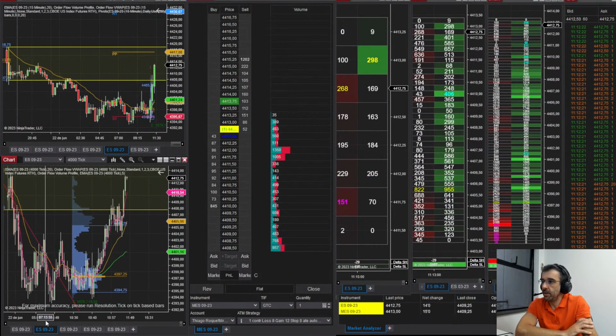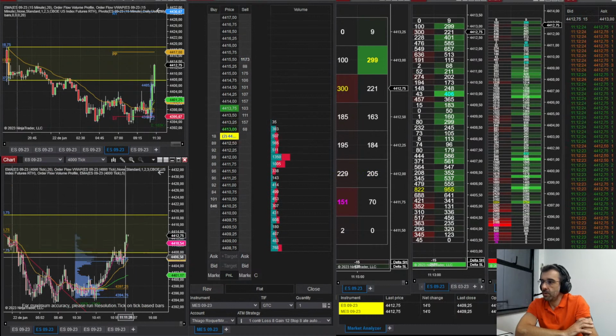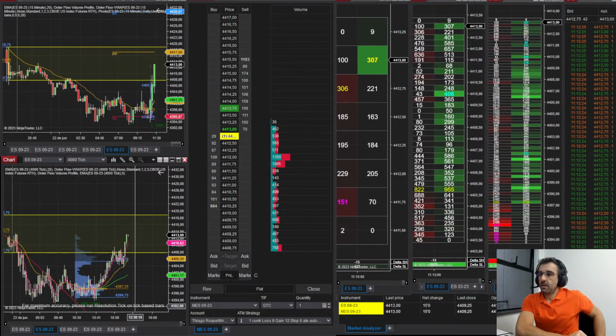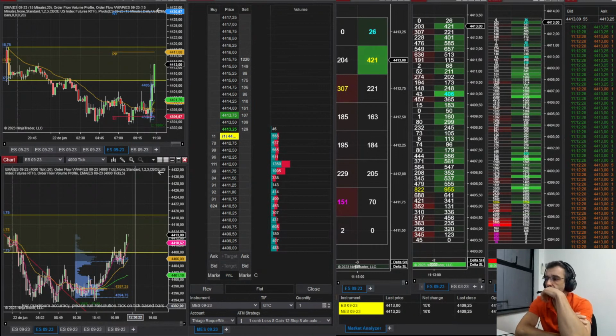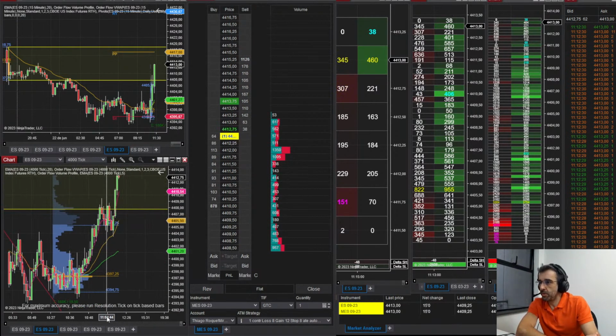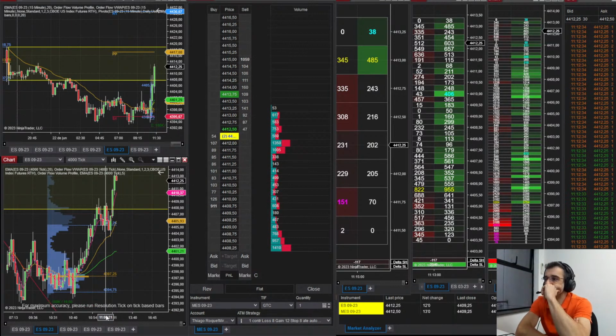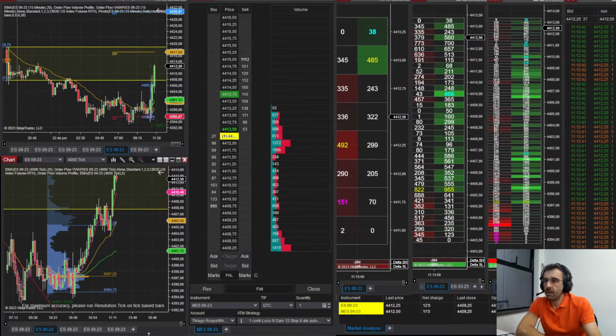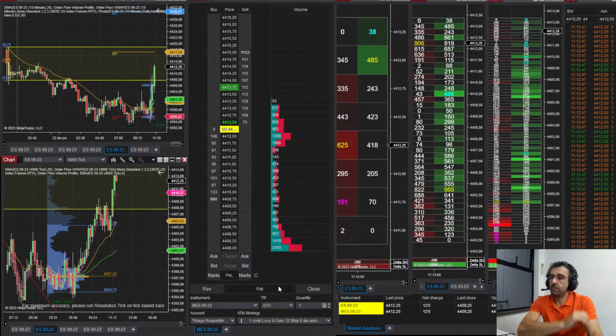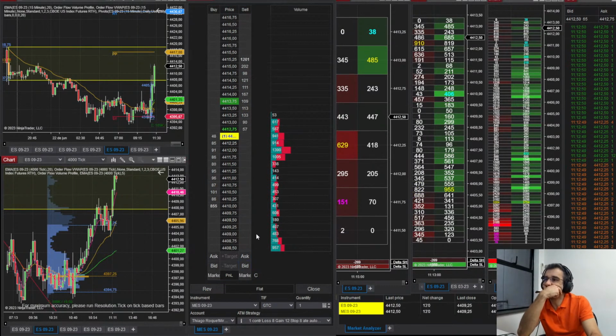Now we have big green candles, two big green candles showing that we are actually bullish. Let's see if prices are able to hold here, we could see the continuity of the uptrend.